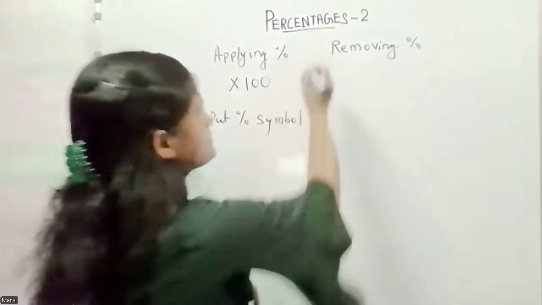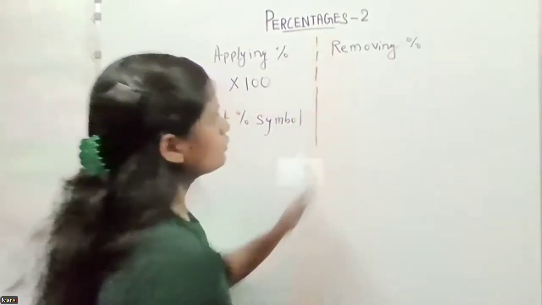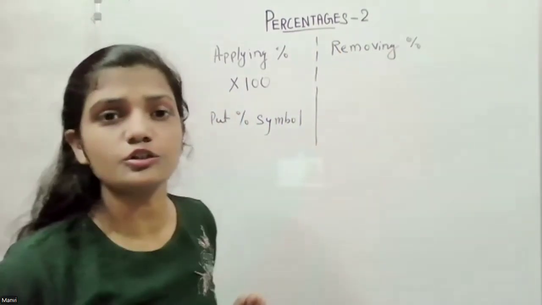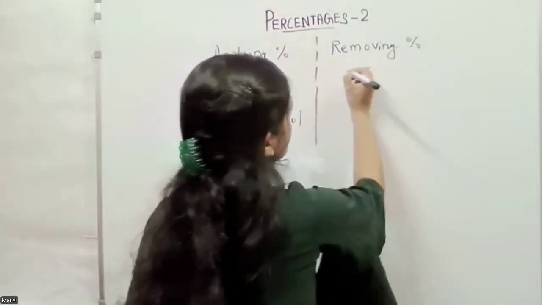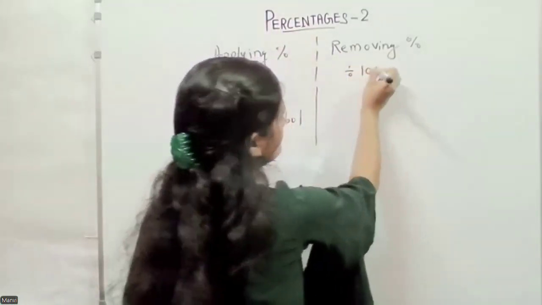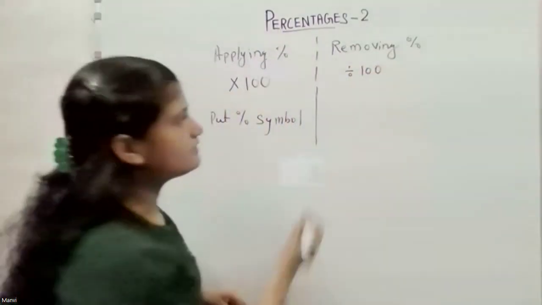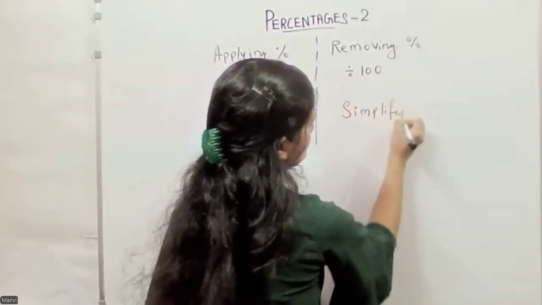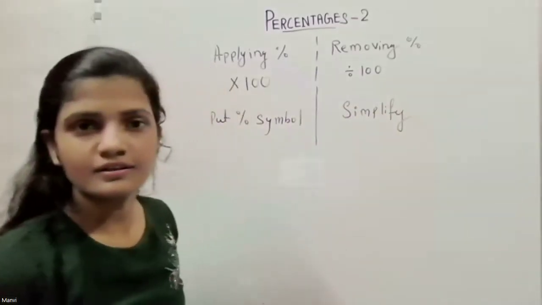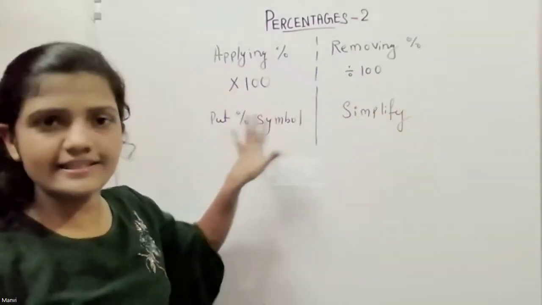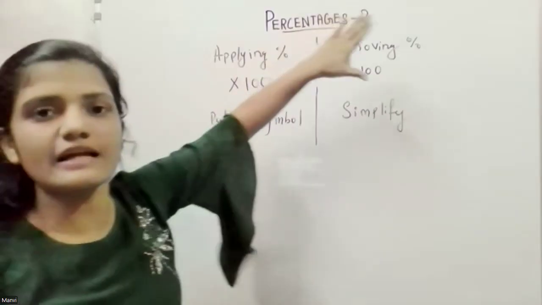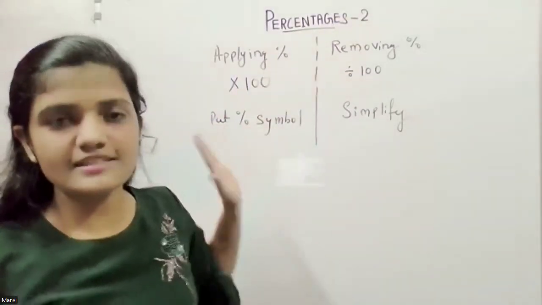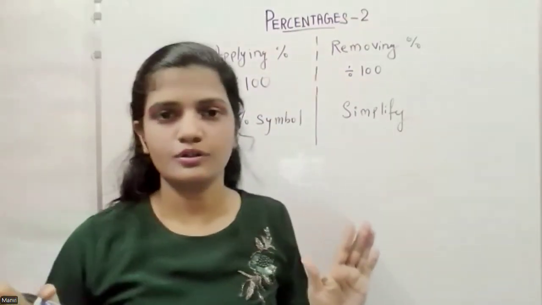And for removing percentage, what we need to do? We need to divide the given fraction by 100 and then simplify. Both are easy: how to apply percentage and how to remove percentage. This concept is, I think, clear to you.